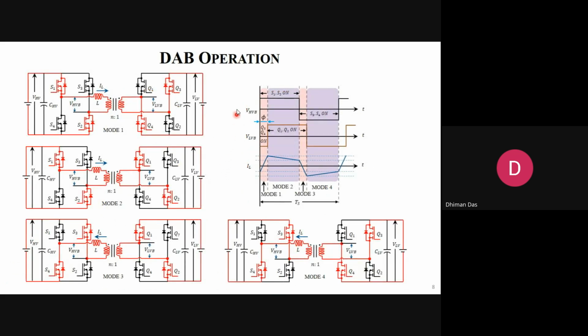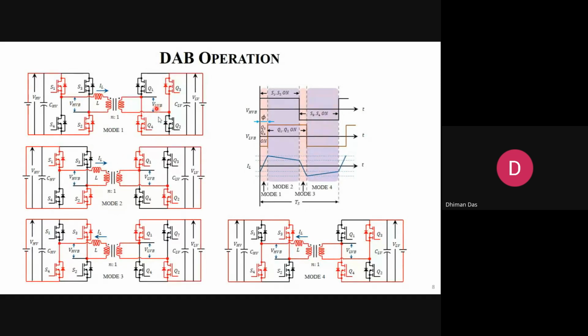Okay, so now this is the mode of operation. There are 4 modes of operation. When these 2 diagonal switches are on, this voltage will appear, because this is a full bridge. So a bipolar voltage will appear across the high voltage side.